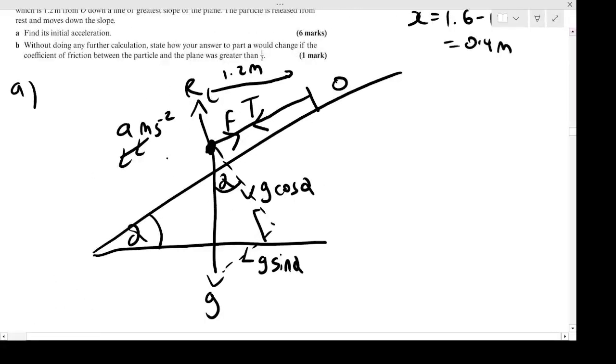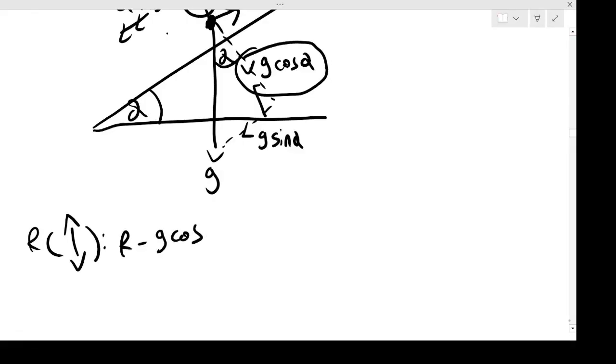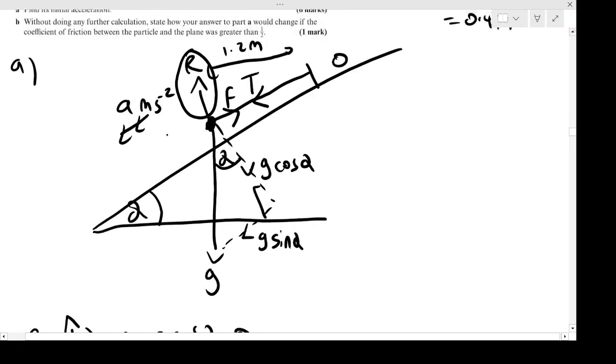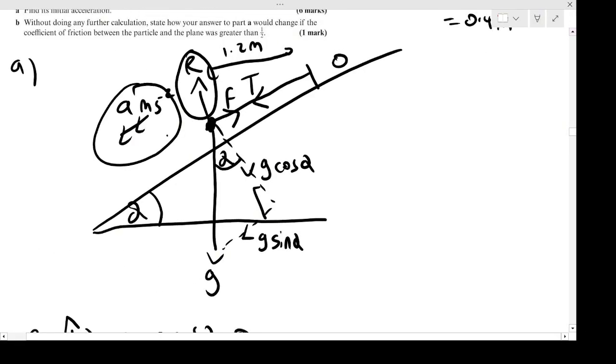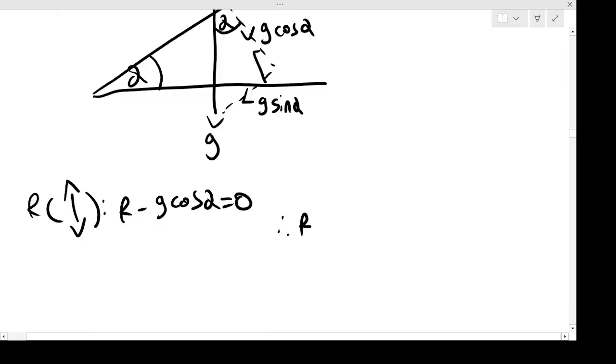So firstly, the force R take away the opposite force, which is going to be this G cos alpha, is going to equal 0, because there's no acceleration in this direction. The acceleration is down the slope, it's not perpendicular. So that means R is going to be G cos alpha.